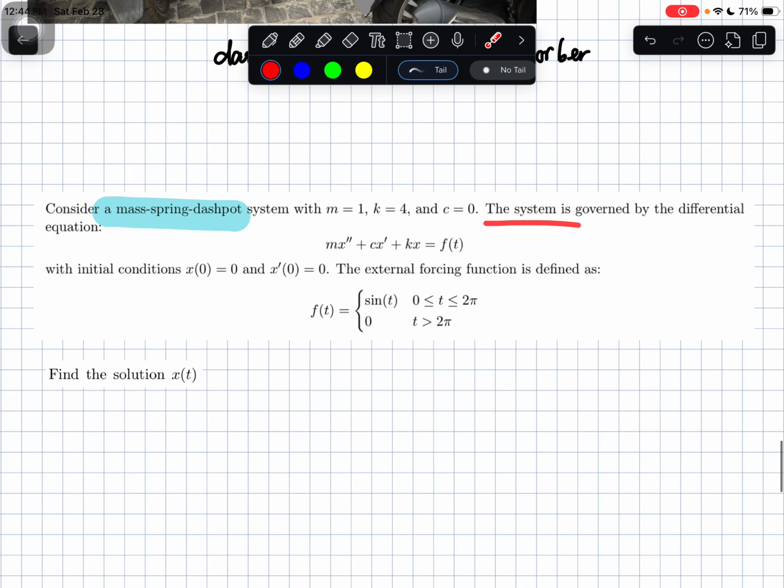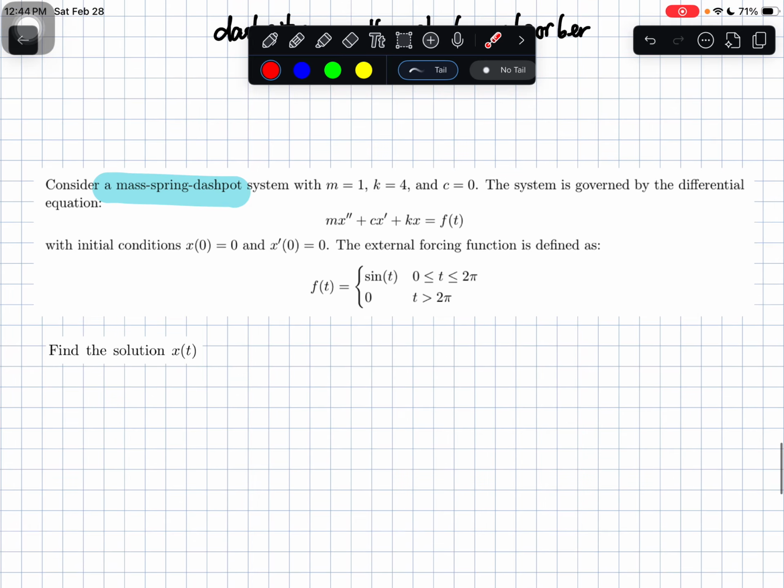This system is governed by the differential equation x double prime plus c x prime plus kx equal to f(t). Here f(t) is an external forcing function. And they also give us these initial conditions: x(0) equals 0, x prime(0) equals 0.